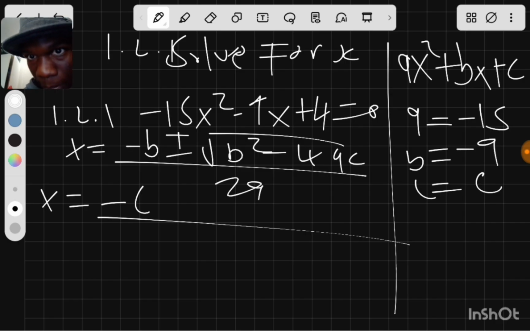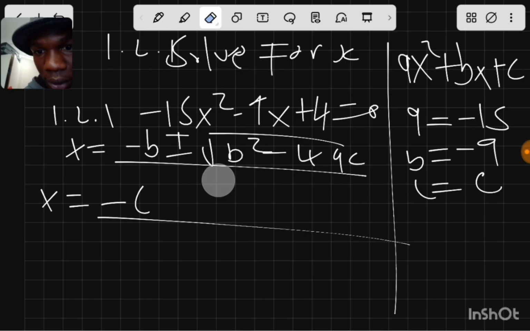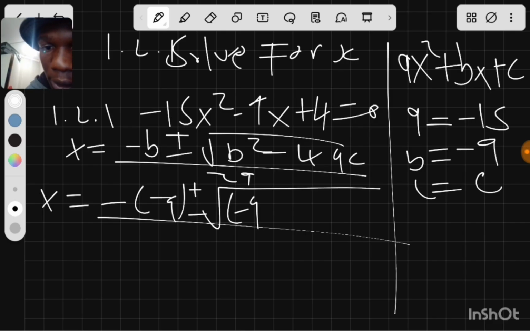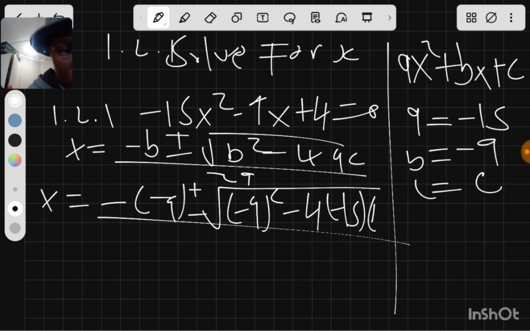What is b? b is minus 9, so minus b is 9, plus or minus the square root of minus 9 squared minus 4 times minus 15 times 4, all over 2 times minus 15.